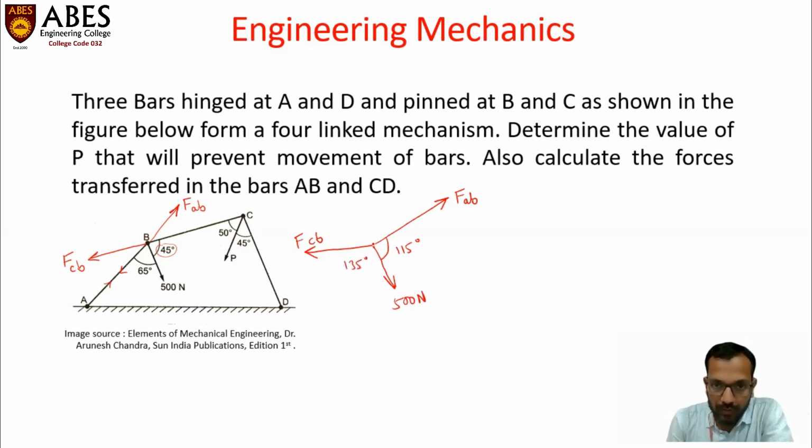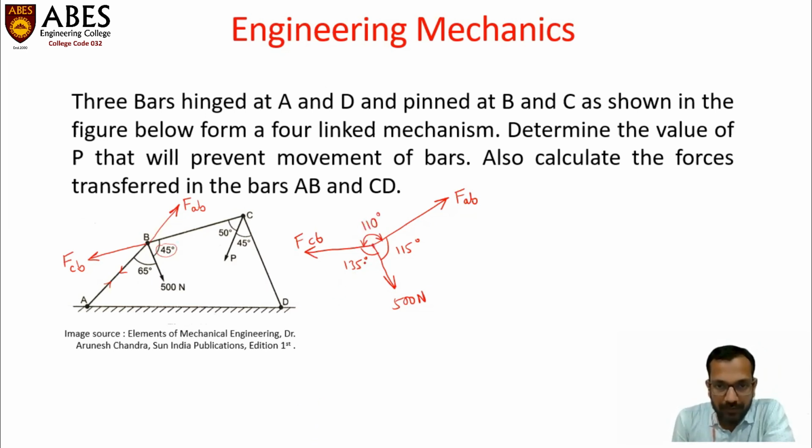Now, we know that the complete angle is 360 degrees. Out of this 360, this one is 135 and this one is 115. Therefore, the remaining angle is 360 minus 135 minus 115. So this remaining angle is 110 degrees.